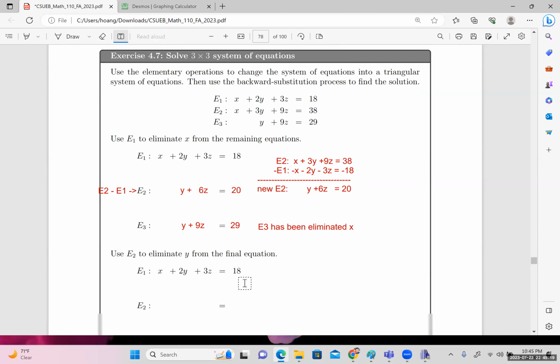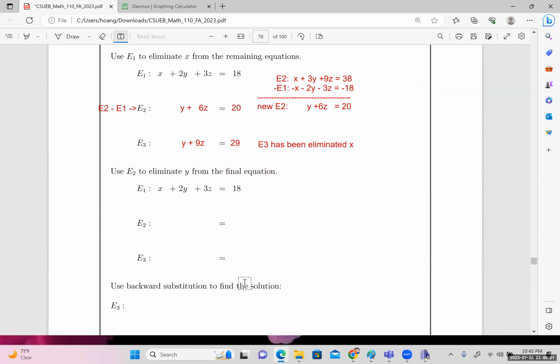Okay, go ahead and try to do step 2, which is use the second equation to eliminate the y term from the final equation. Okay, so go ahead and pause my video and do that.